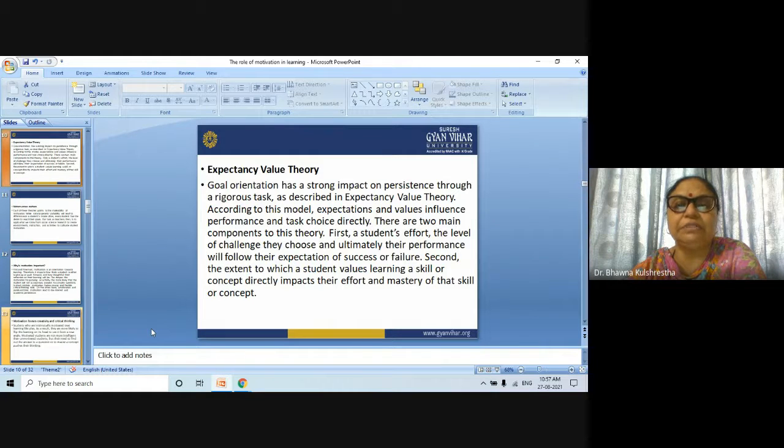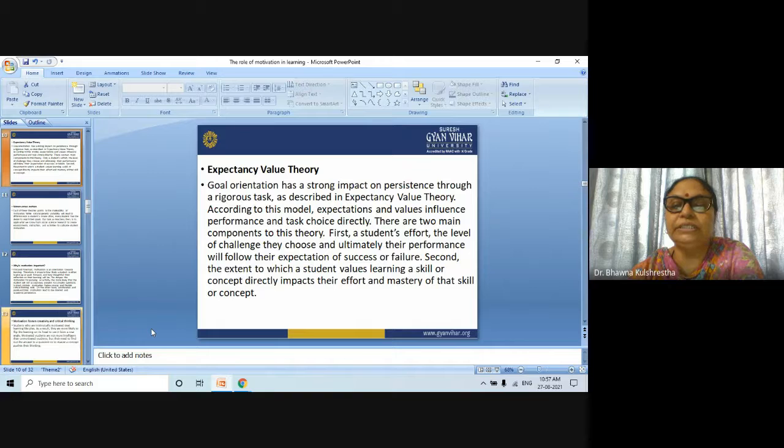According to this model, expectations and values influence performance and task choice directly. There are two main components of this theory.